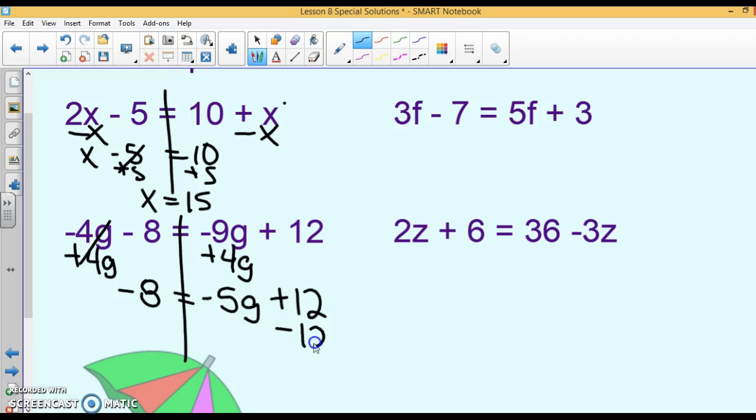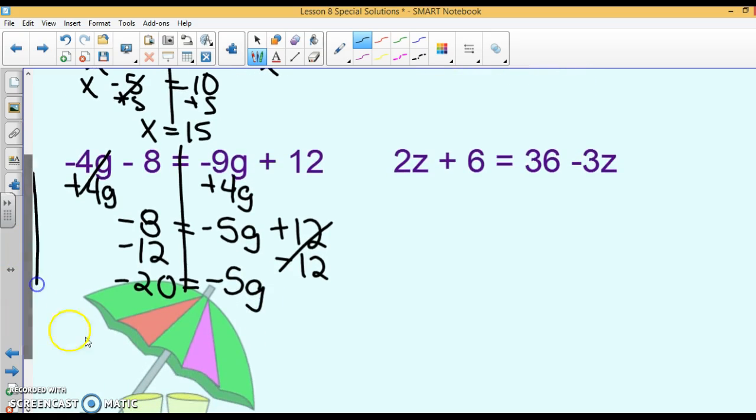I can subtract 12 from both sides now, so that will cancel out. I have negative 8 minus 12, which gives me negative 20 equals negative 5g. And to get g by itself, I can divide by negative 5, and I will get 4 equals g.